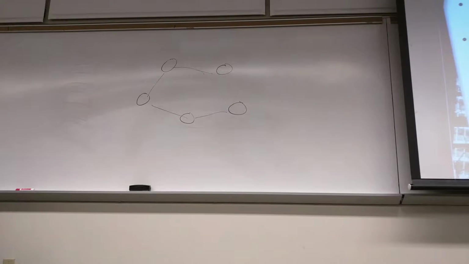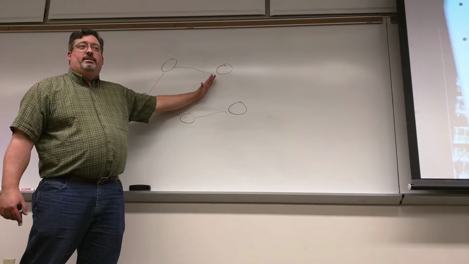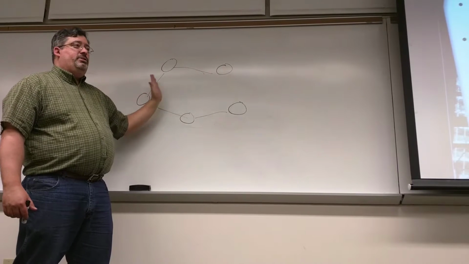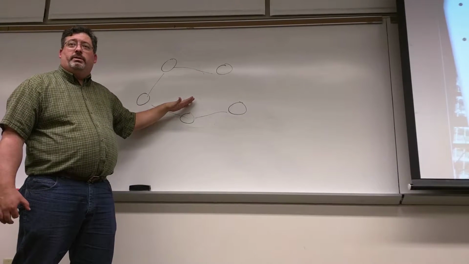So, if I have n nodes, 5, and 4 edges, can one of you draw this so that it is connected and has a cycle with 4 edges? No. I mean, move this to here and I have a cycle, right? But I'm not connected to this node anymore. So if I try and move any of these edges to make a cycle, I break something. I lose one of the nodes.